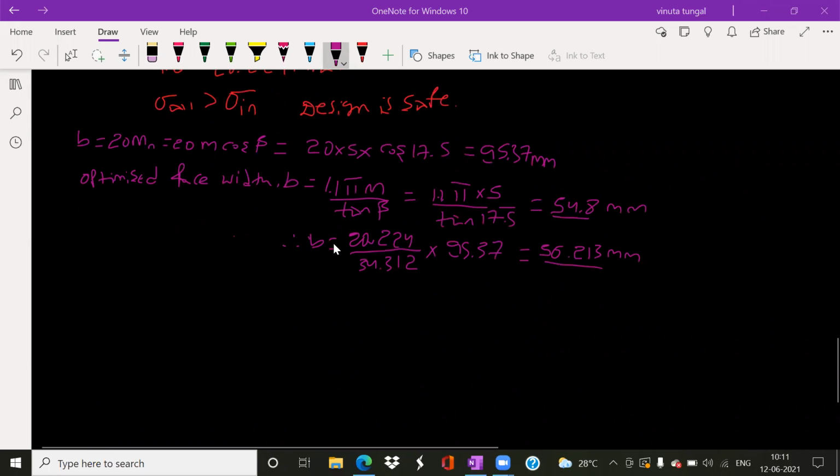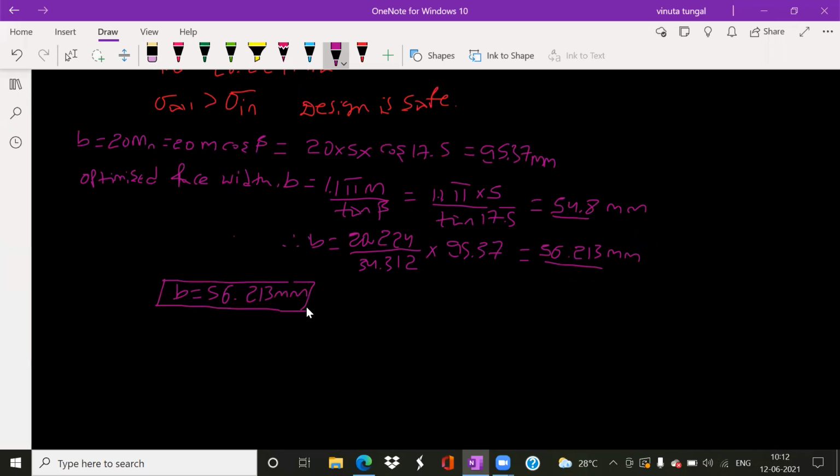So always you have to take the larger value between the optimized face width and this B value, whichever is larger. From this, the larger value is B equal to 56.213 mm. This is the selected value.